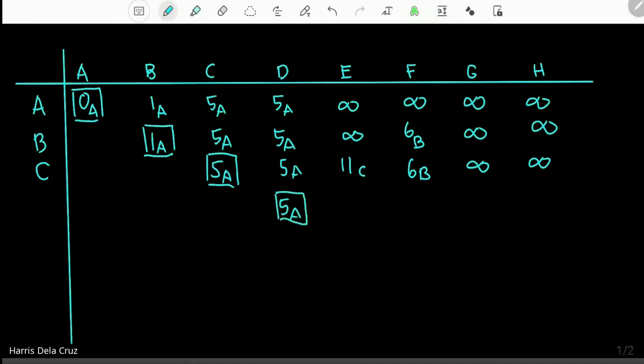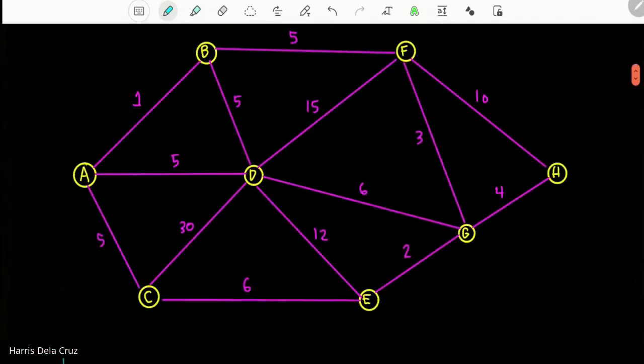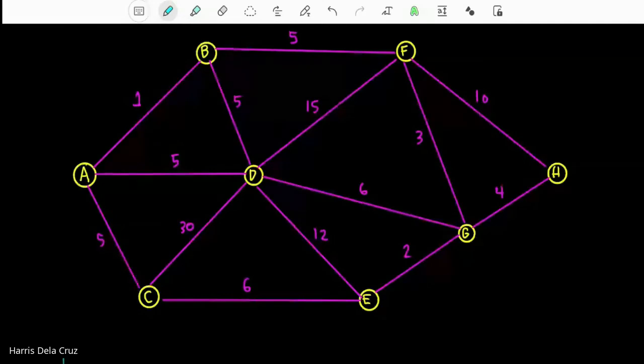And we are now going to visit D. Looking at the graph, from D, we can reach vertices except for those who already have permanent labels. So we can reach vertices F, G, and E. So the temporary label of these vertices will be the label of D plus the cost of traversing from D to that vertex. Alright.